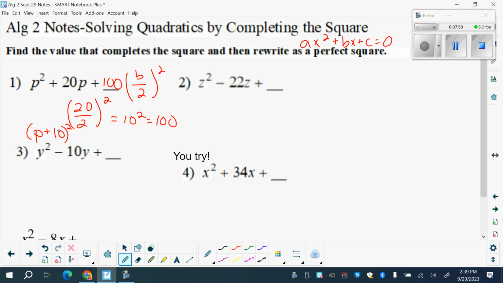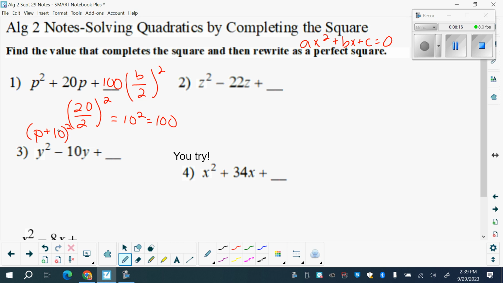And we get the 10 by either taking 20, dividing it by 2 to get 10, or square root of 100 gives you 10. If I multiplied p plus 10 times p plus 10, what would I get? P squared plus 20p plus 100.